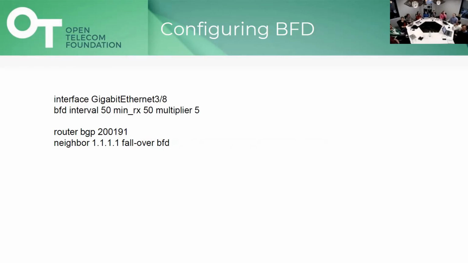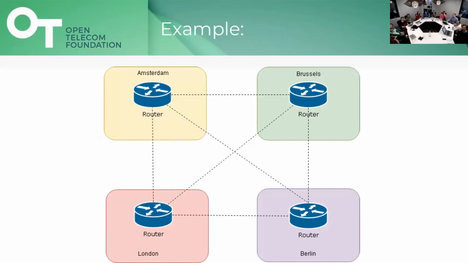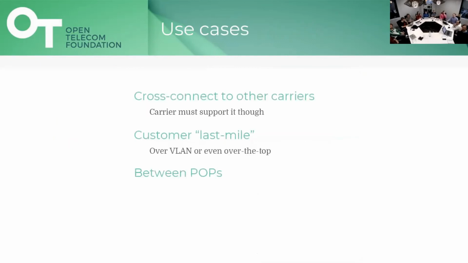So if you go back to the example, if the link drops out between Berlin and Amsterdam, it will notice within 50 milliseconds, and traffic will reroute either over Brussels or over London, depending on how your network looks at that point. But your customer won't notice. You will just have a faint click of some lost RTP packets, but it's barely noticeable. You have to have a good ear to actually hear it. So your calls stay up between your POPs, and your customer is going to be happy.